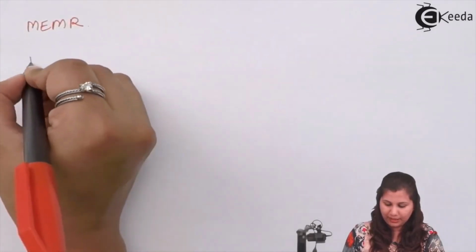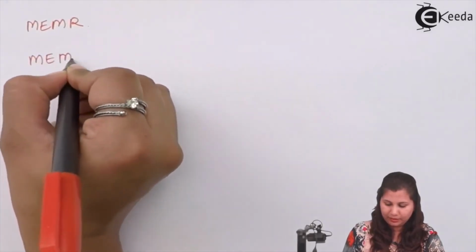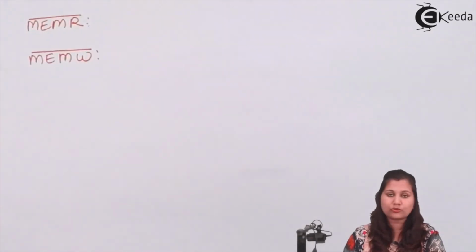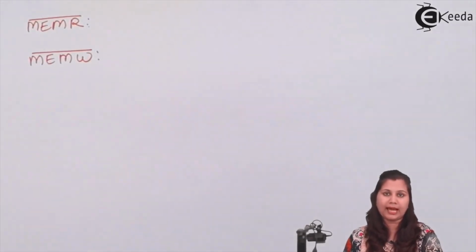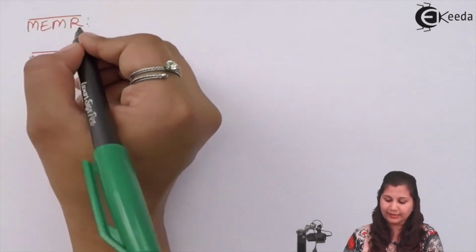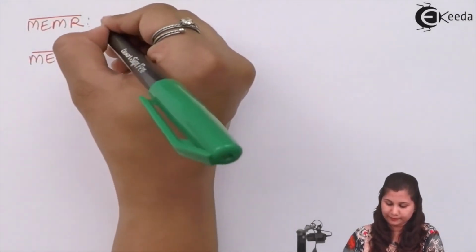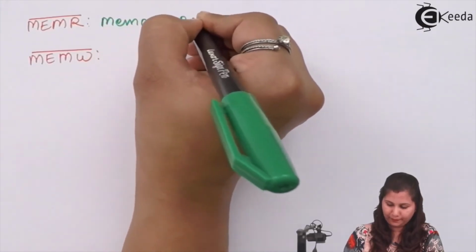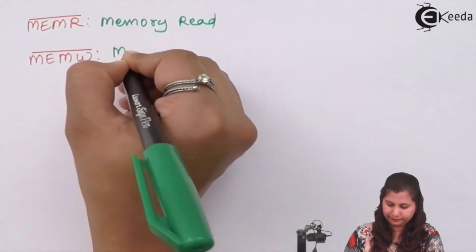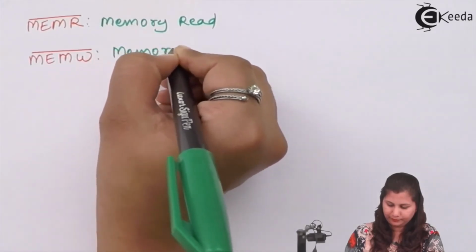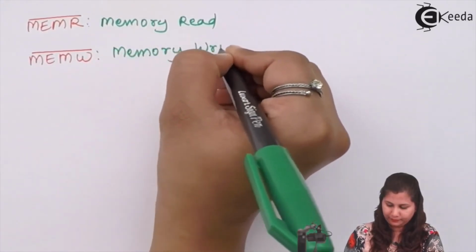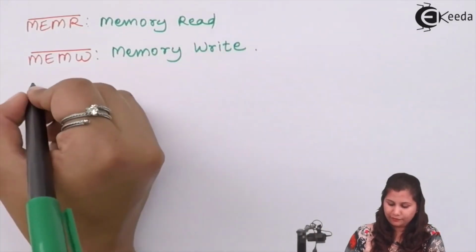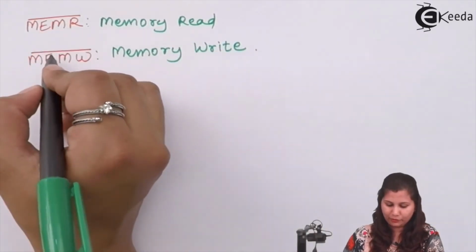Next we have MEMR and MEMW. These two signals are the memory read and memory write signals, and they are active low signals. These are active low because they have a bar over them.